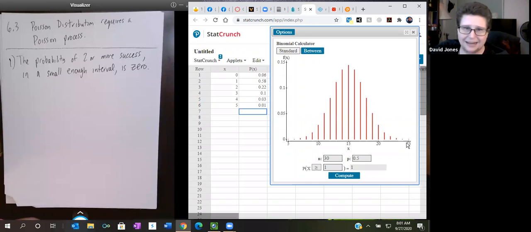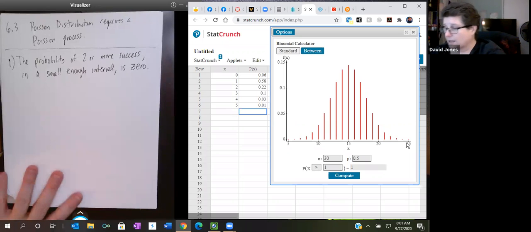Definitely, if I did it in an hour or 15 minutes, there's a strong chance that the probability of 2 or more cars is not 0. So we want to get that interval small enough so that two cars in a small enough interval is 0. If I make it 1 second, there's no way 2 cars can pull up and go through the drive-through in 1 second. A small enough interval, I can make it 0. That's the premise there.